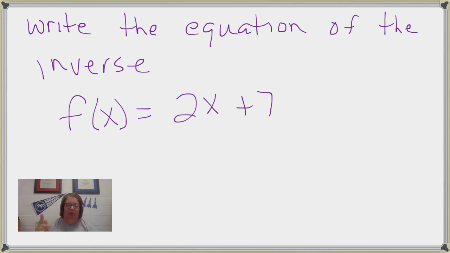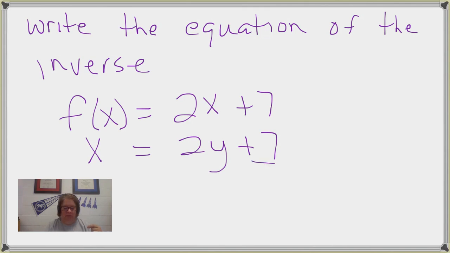Okay. Two steps. What are they? Switch, solve. First thing is switch. So I'm going to make f of x the same thing as y, and I'm going to make it x equals 2y plus 7. And then I'm going to solve for y.